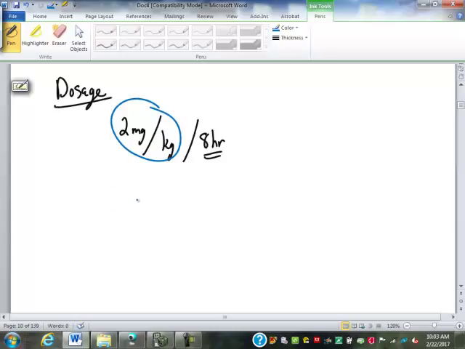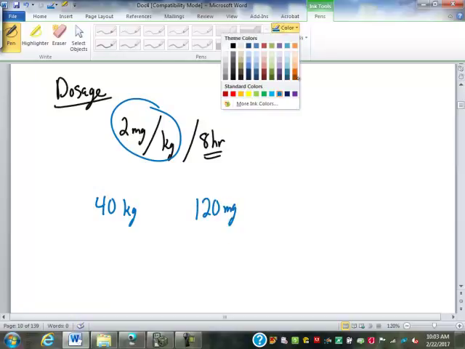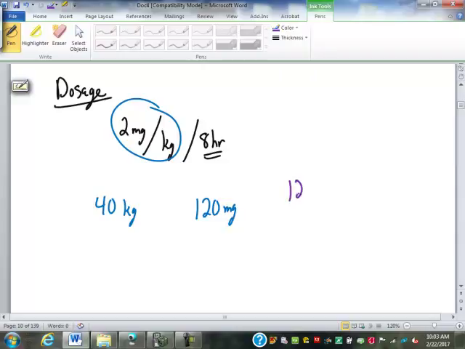So let's say we have a patient that is 40 kilograms. 40 kilograms is about 88 pounds, just for the record. So a patient that's 40 kilograms that is receiving a dosage of 120 milligrams. Their dosage is 120 milligrams per 40 kilograms.